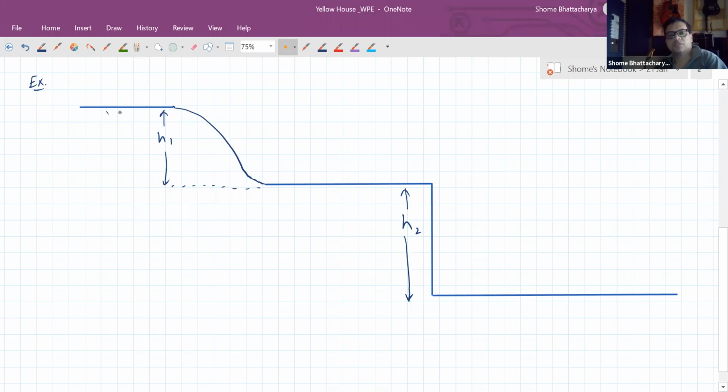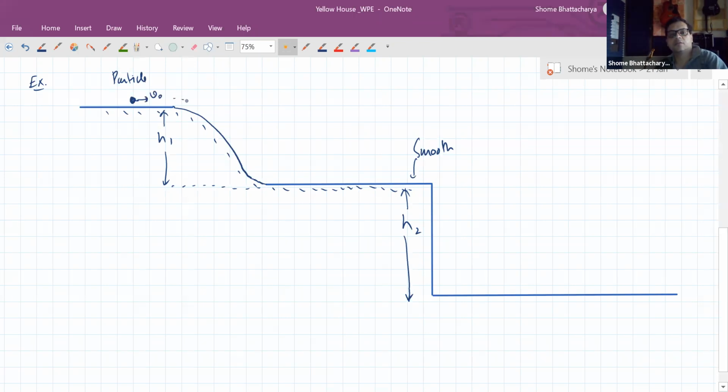a smooth surface like this. Okay, and now a particle is moving here with a speed of v naught.